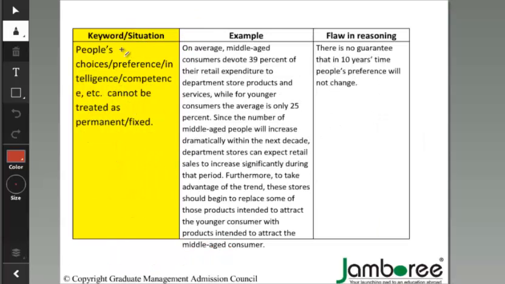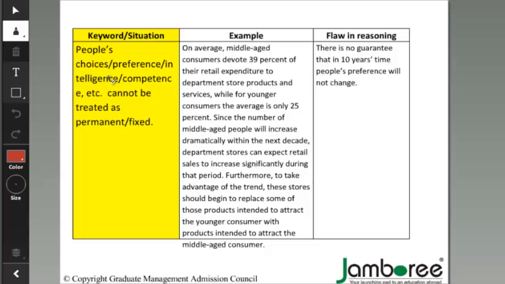So next is this. This is again a little higher level error. Let's say I say that when I was 16 years old, or when my brother was in class 10, his favorite color was blue. So on his 50th birthday, I am going to give him a blue sweater.